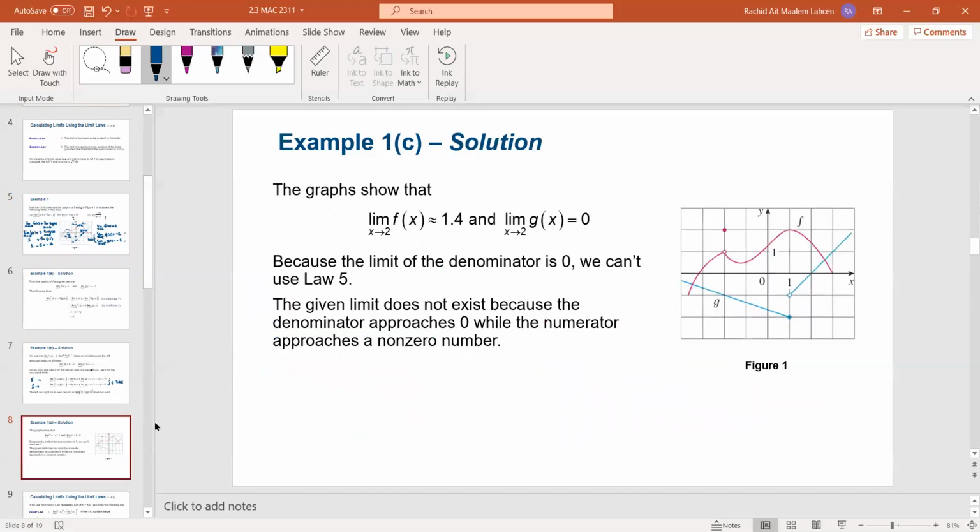So for f of x, there is a number there for 2. However, we can't use the law 5, which is the quotient law there, because the given limit does not exist, because the denominator is 0 while the numerator approaches a non-zero value.